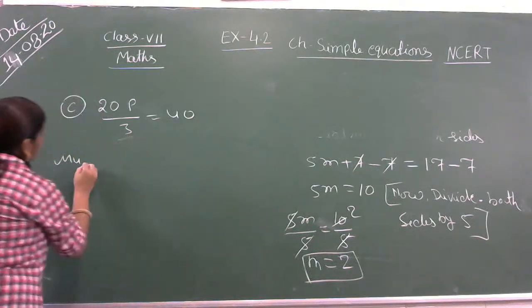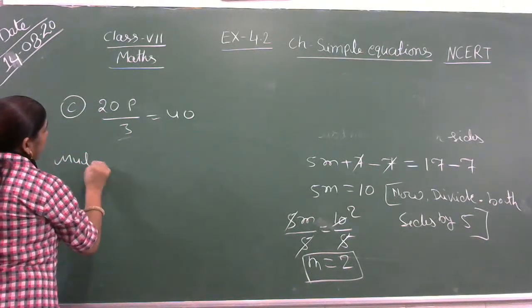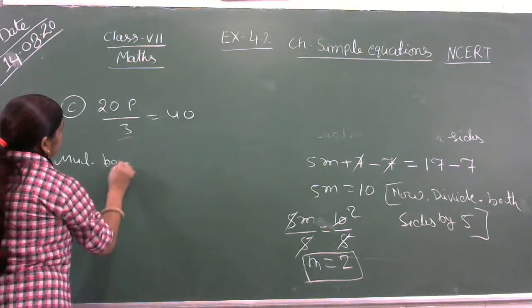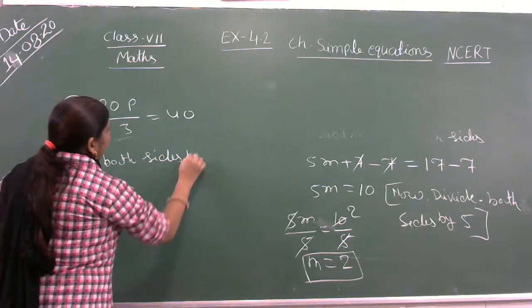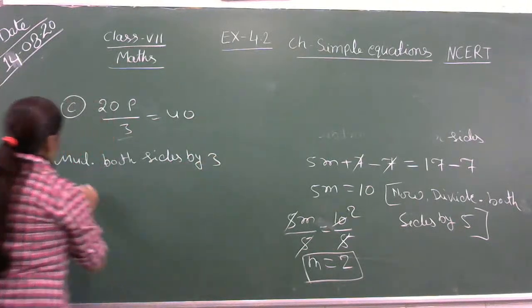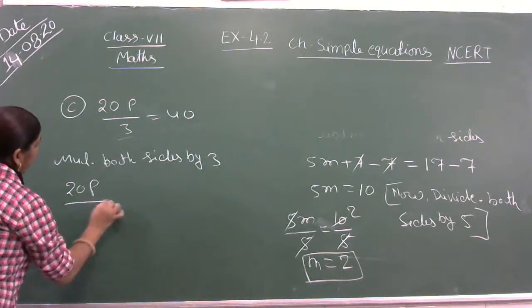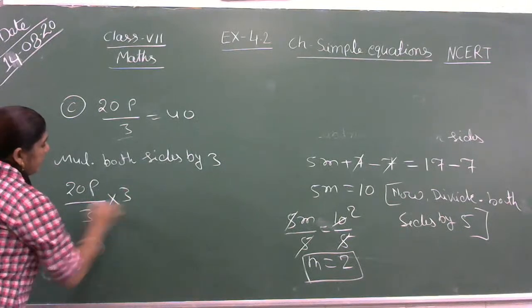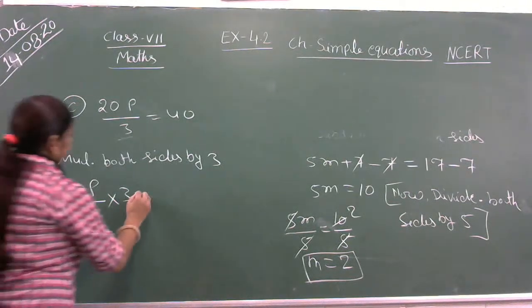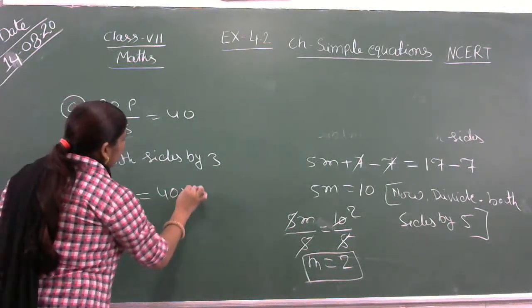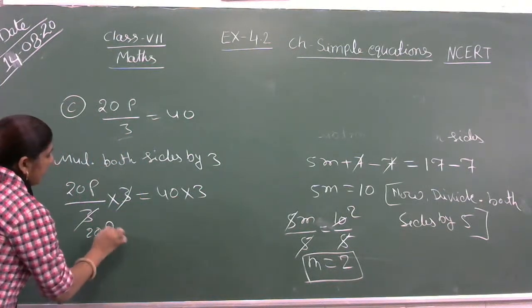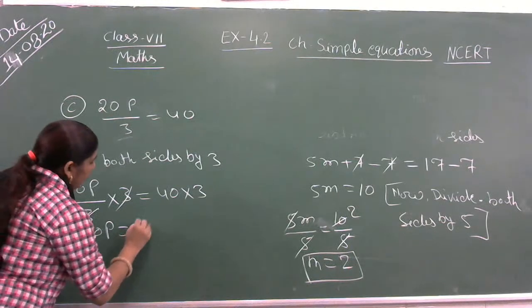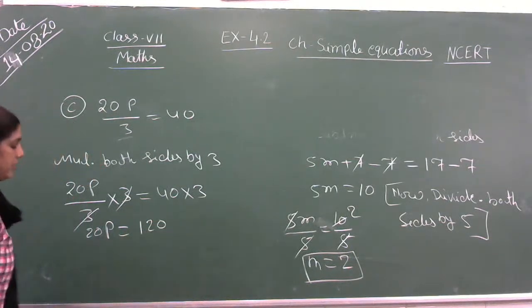So multiply both sides by 3. 20p upon 3 multiplied by 3 is equal to 40 multiplied by 3. 3 cancel. 20p is equal to 120.